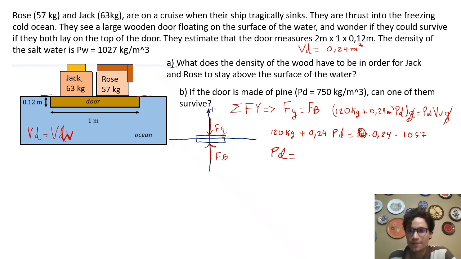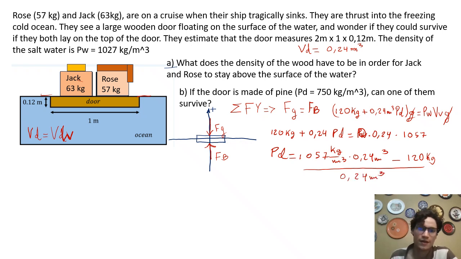And that is basically 1057 kilograms per meter cubed times 0.24 meters cubed, minus 120 kilograms, divided by 0.24 meters cubed.